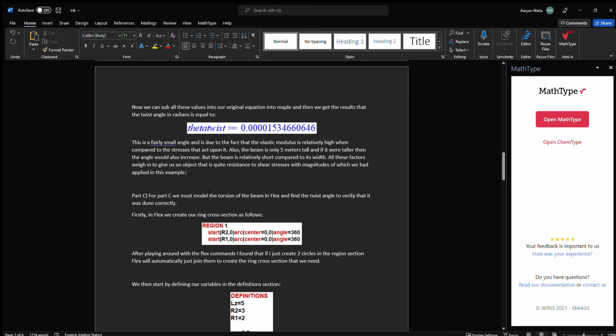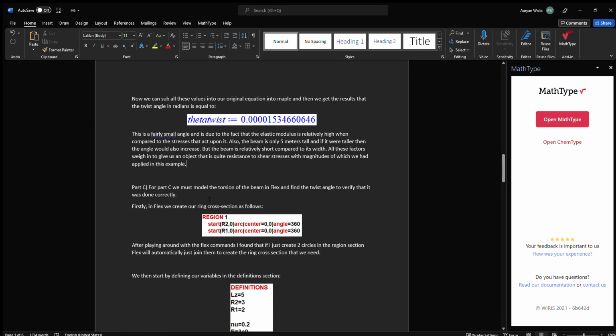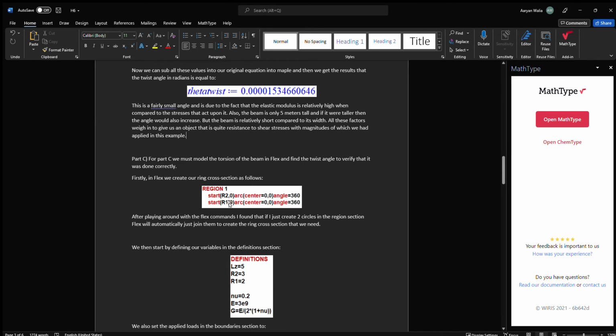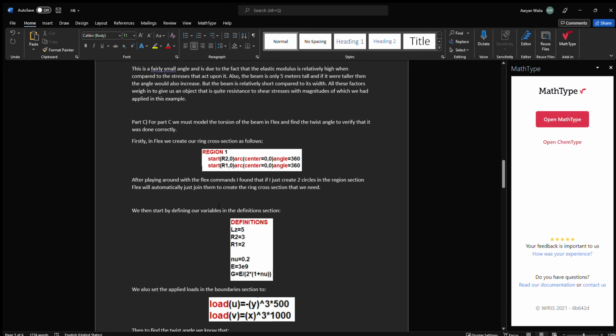For part C, we're going to now model it in Flex and try to find the twist angle. First we have to create our shape in Flex, and I had to play around with it for a little bit. I found that if I just make, in region 1, two circles, with R2 being the outer radius and R1 being the inner radius, Flex connects them and gives us the cross section that we need.